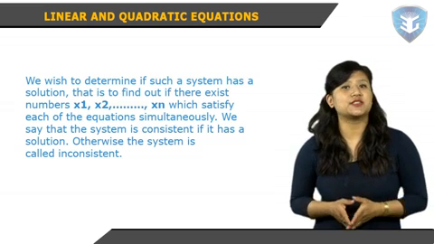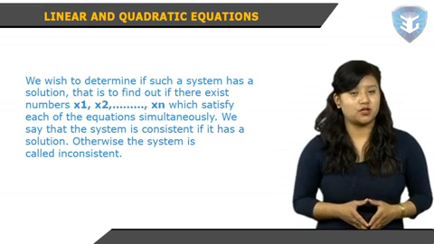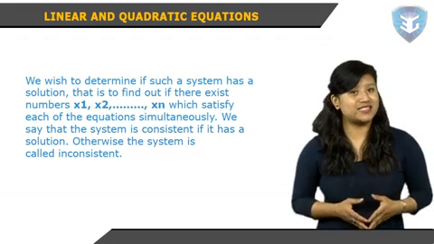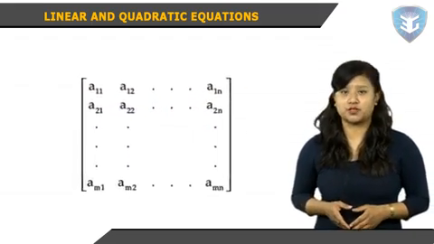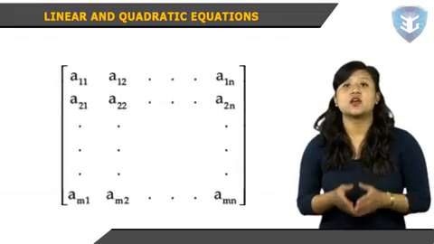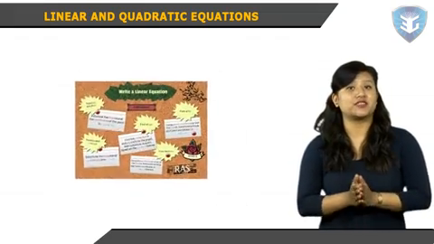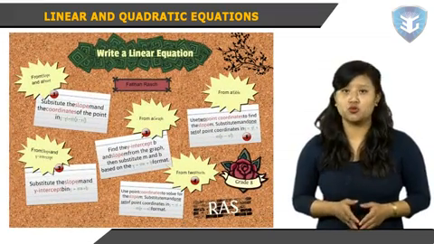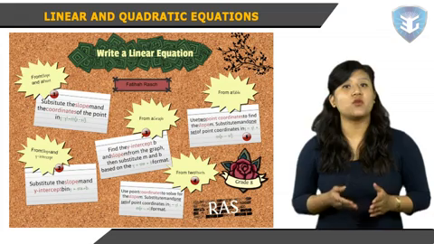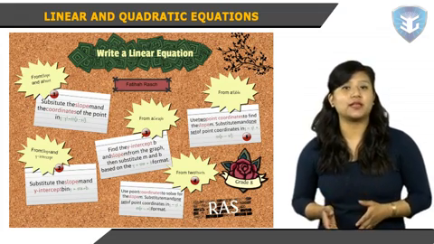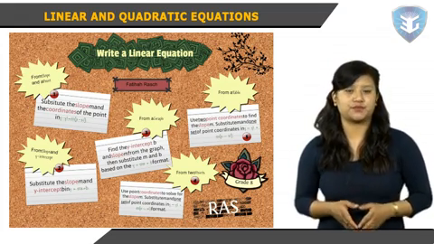We say that the system is consistent if it has a solution, otherwise the system is called inconsistent. The matrix as seen on the screen is called the coefficient matrix of the system. Geometrically, solving a system of linear equations in 2 or 3 unknowns is equivalent to determining whether or not a family of lines or planes has a common point of intersection.